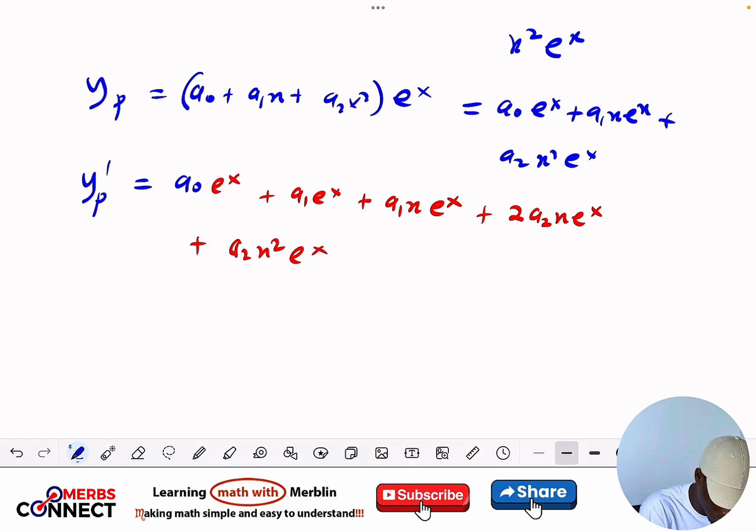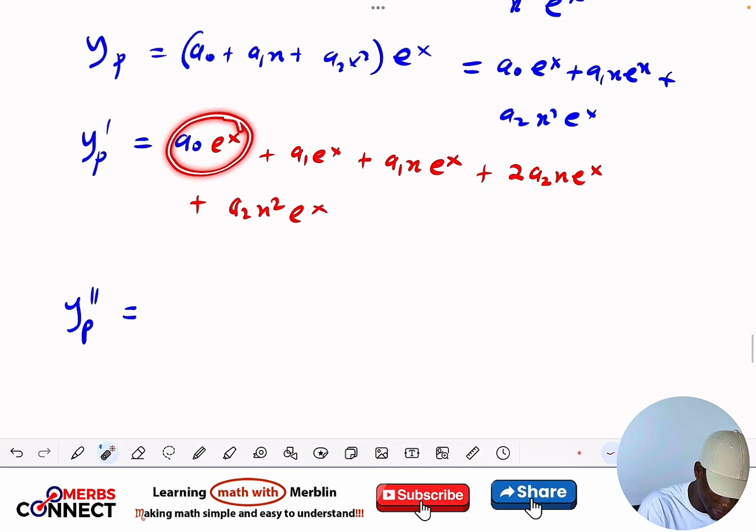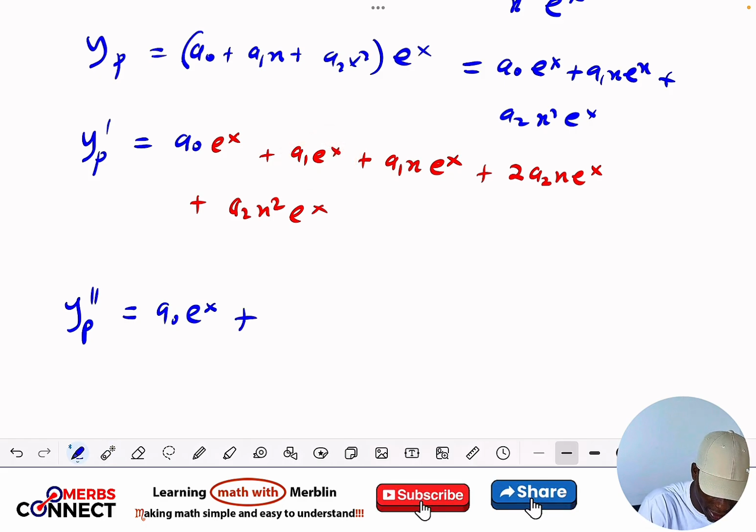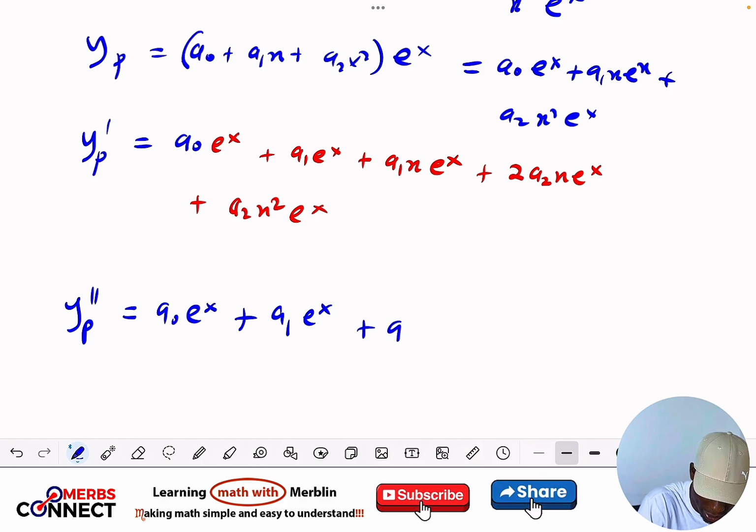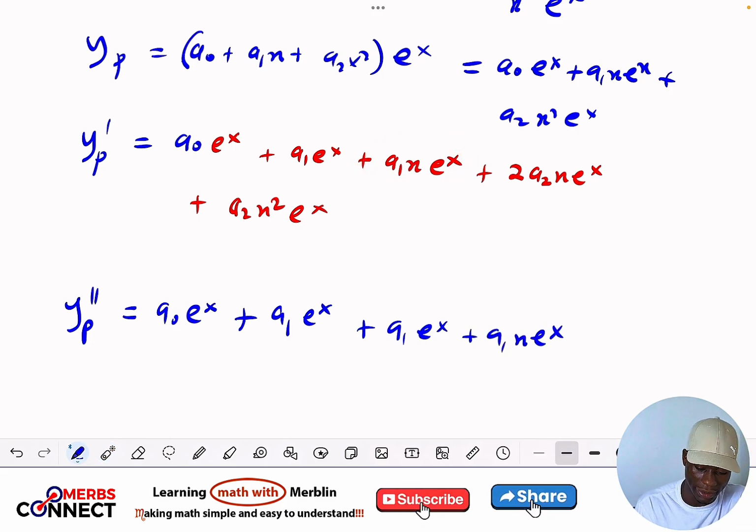So let me just go with y prime. Differentiate this one, get the same thing, a0 e to the power x, plus differentiate this one again, the same thing, a1 e to the power x, right? Good. Then differentiate this one, product rule again, so plus a1 e to the power x. When I differentiate x, now maintain a1 x and differentiate e to the power x, we get the same thing.